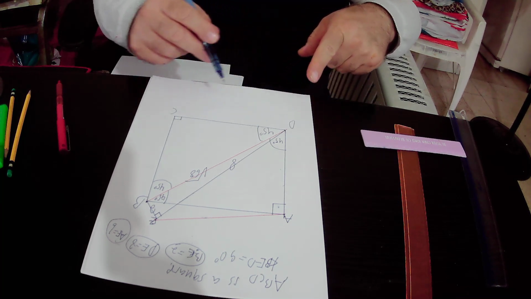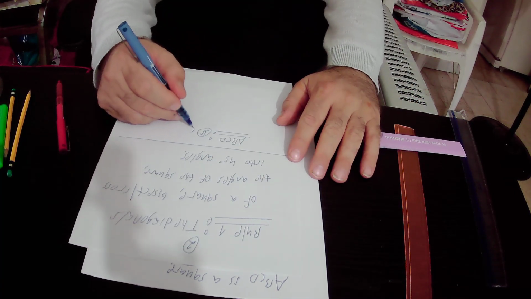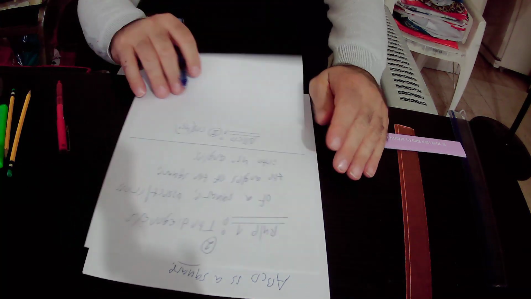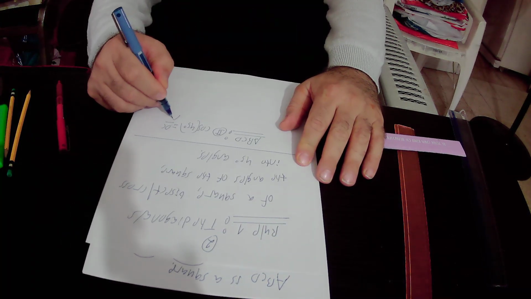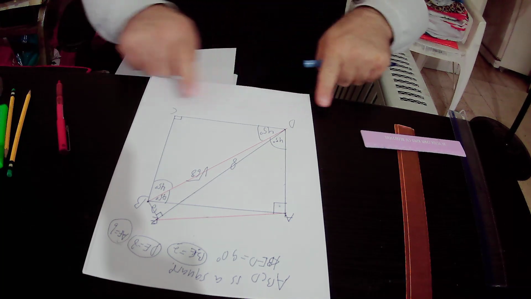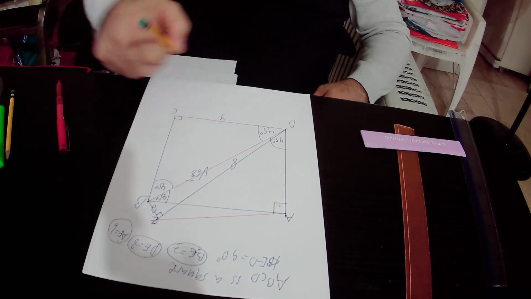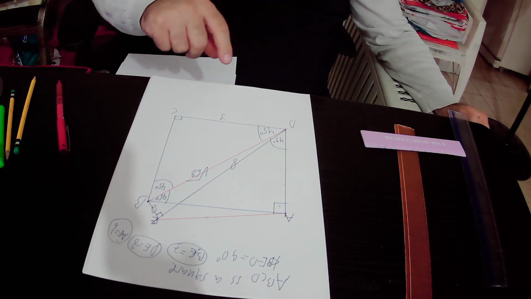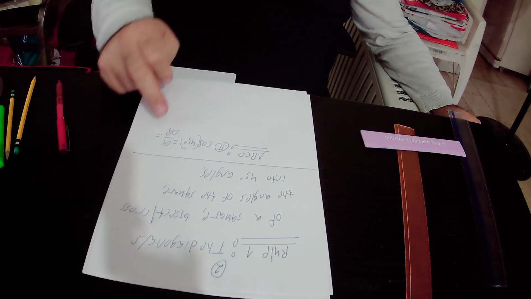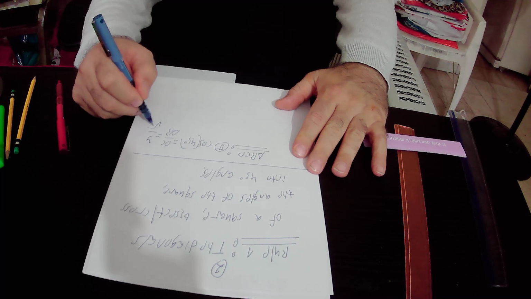Cosine 45 degrees equals DC over DB. We will define side DC of the square as y, that is to say DC equals y, and we know that DB equals the square root of 68.